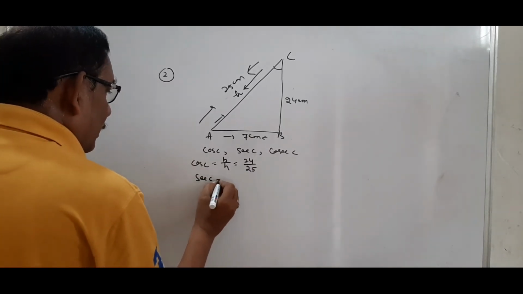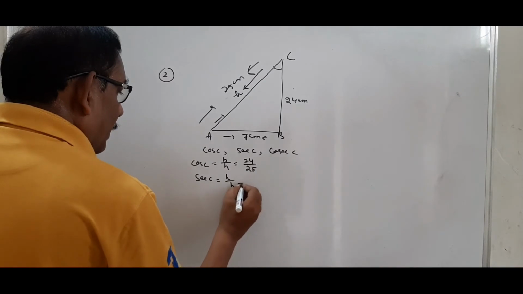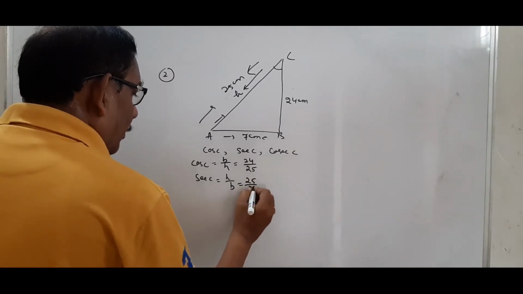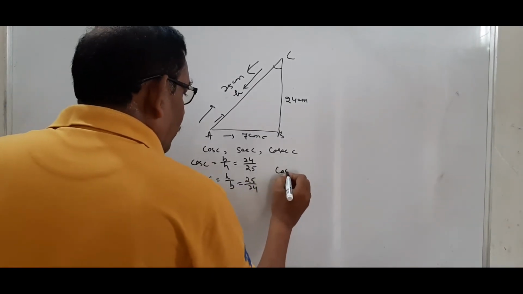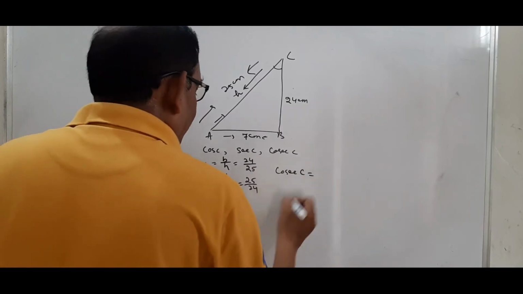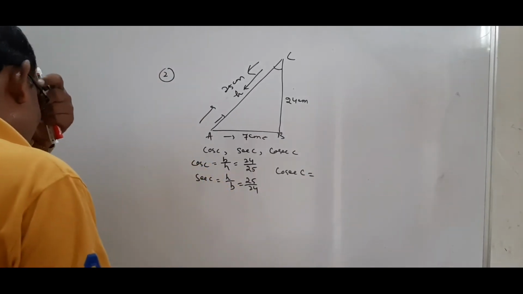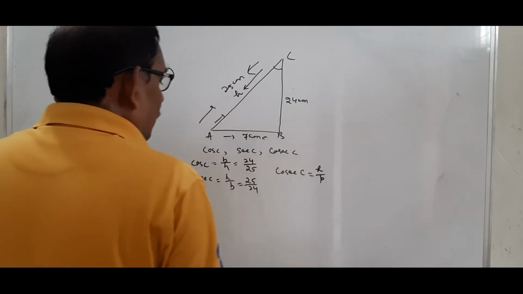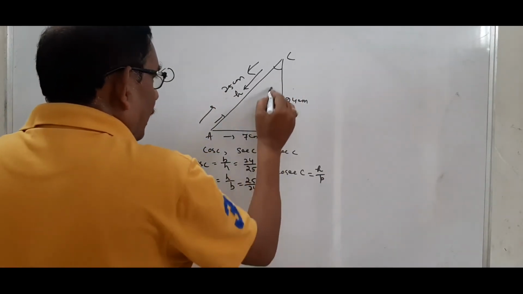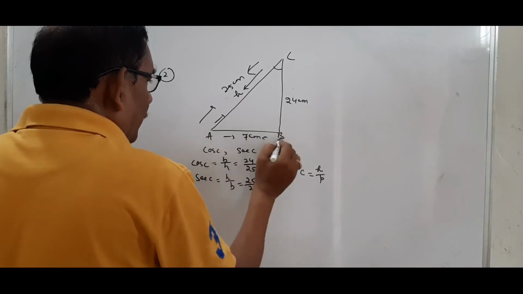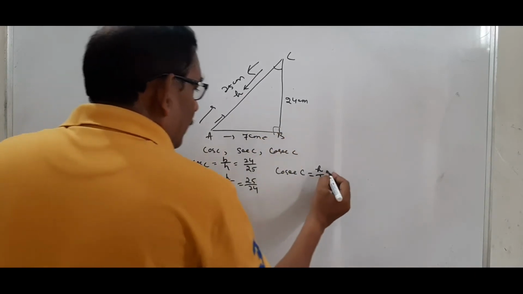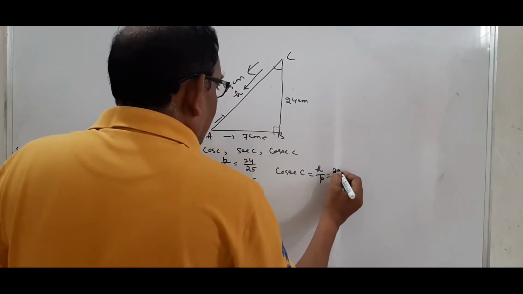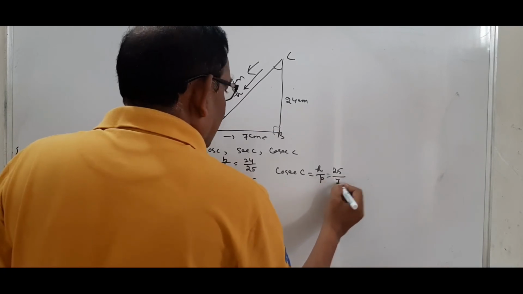Sec C is H by B, 25 by 24. Cosec C is H by P. If C is the base angle, the opposite side is the perpendicular, so it is 25 by 7.